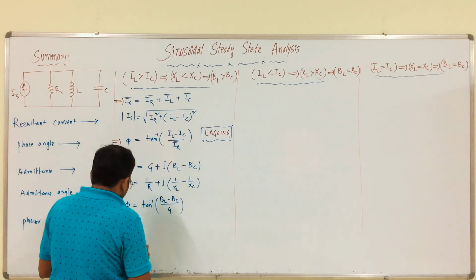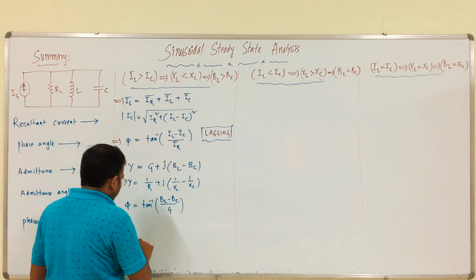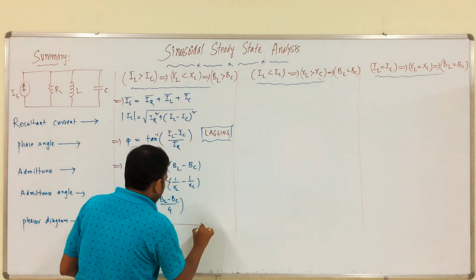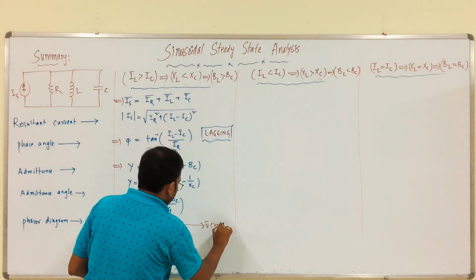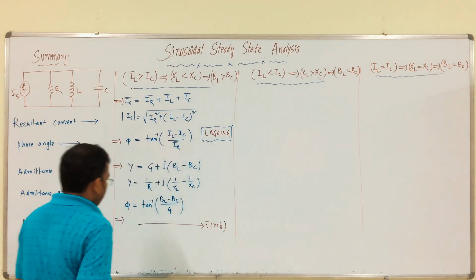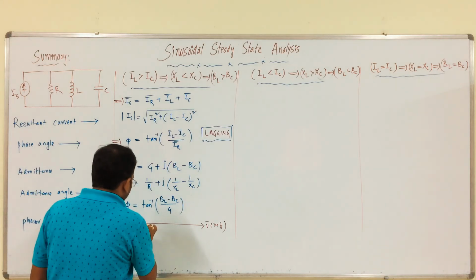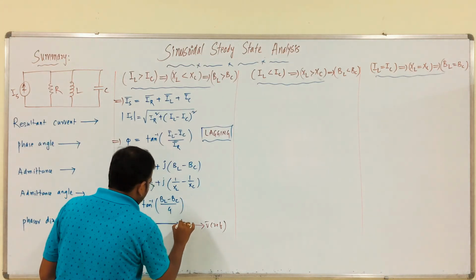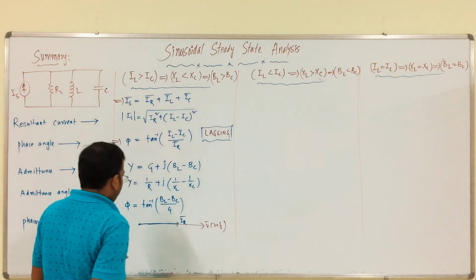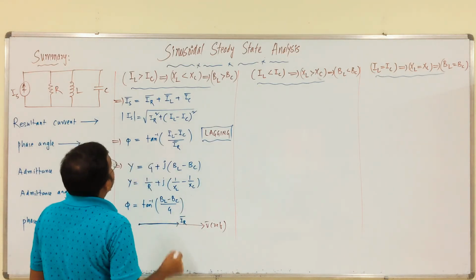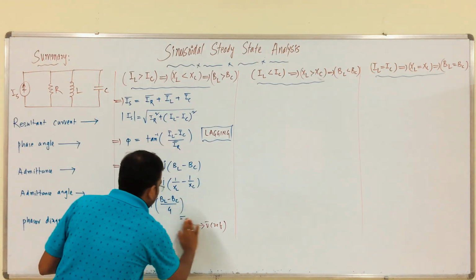Next, phasor diagram. We have to draw the phasor diagram. V is taken as reference because this is a parallel circuit. Then always IR is in phase with V, clear. We have 3 components, right?